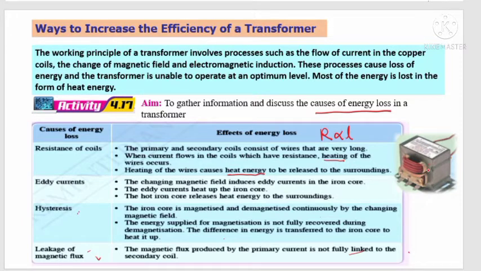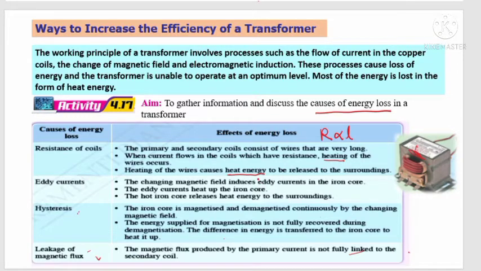So what happens to the iron core? There is a change in magnetic flux in the iron core itself. The change in magnetic flux in the iron core will induce a small EMF in the iron core that causes current to be produced in the iron core.